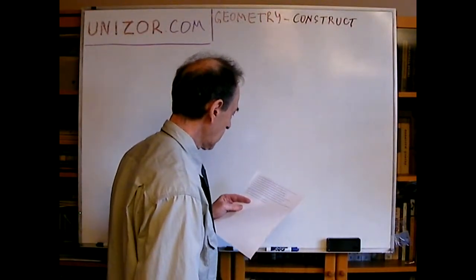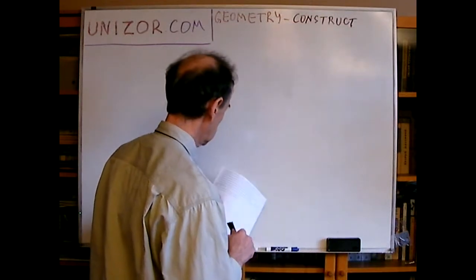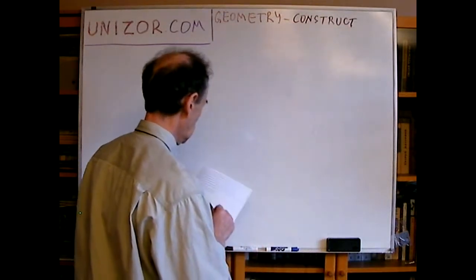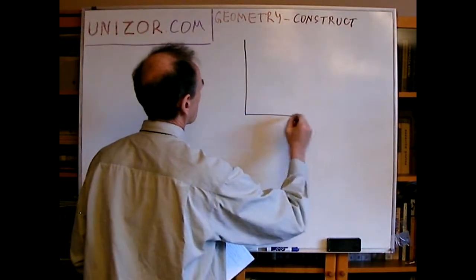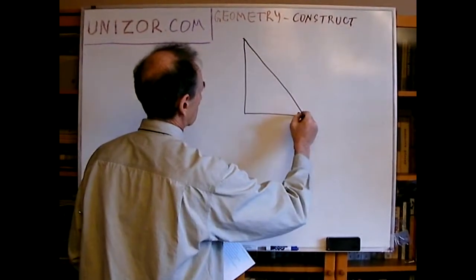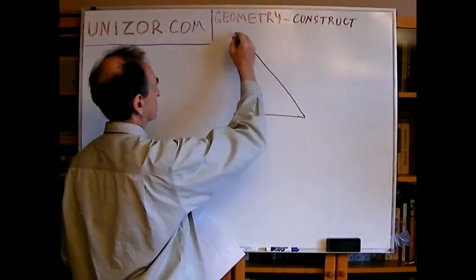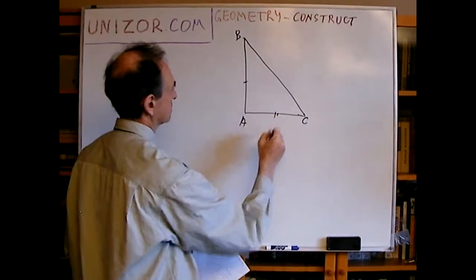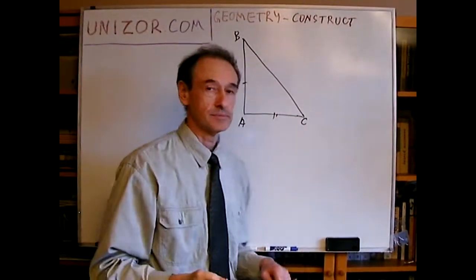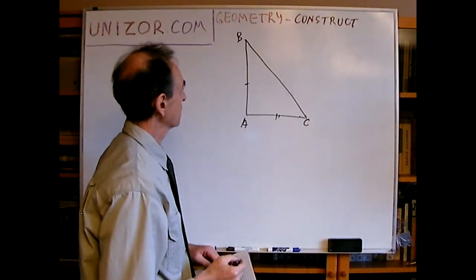Construct a right triangle by its two legs. Right triangles by two legs. These are legs, or catheti, as they're called in Latin sometimes.